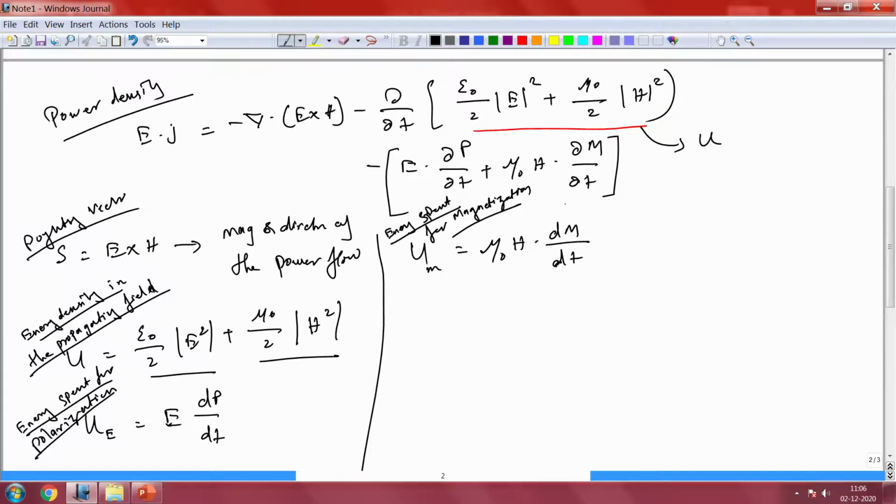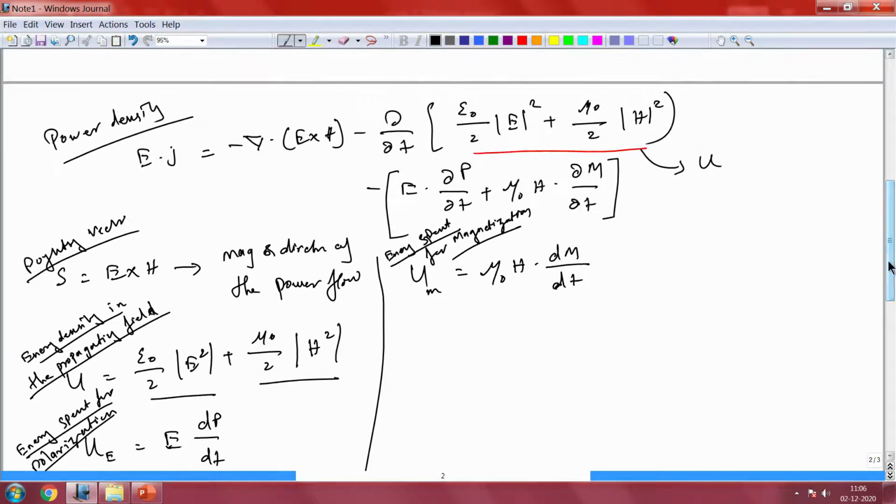The energy spent in the medium is very medium dependent: what is the magnitude of polarization and what is the magnitude of magnetization that one has in the material. Nonetheless, this energy is spent.